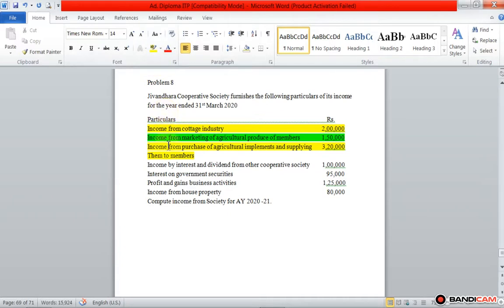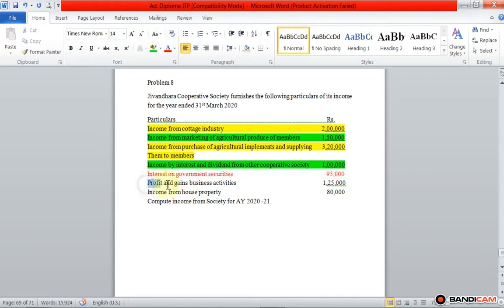Then interest and dividend from other cooperative society is also income of cooperative society. Then interest on government securities 95,000 is income of cooperative society, but it is income from other sources.